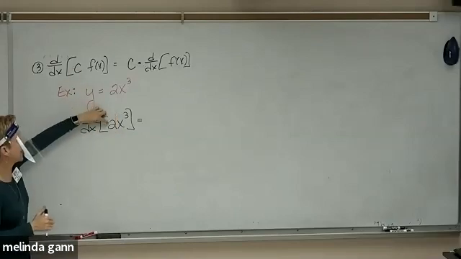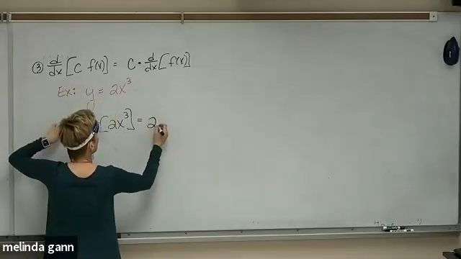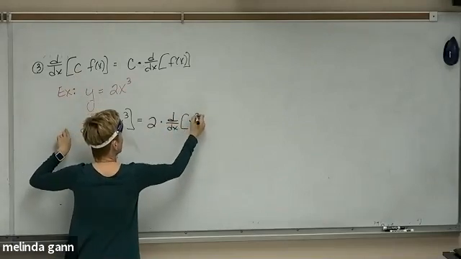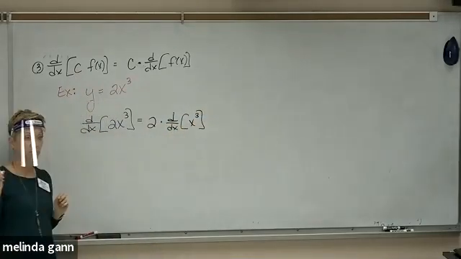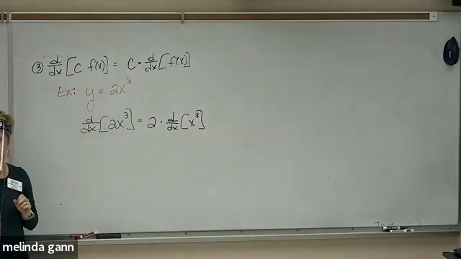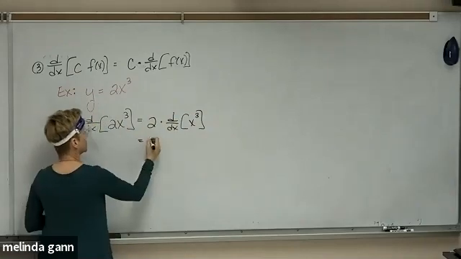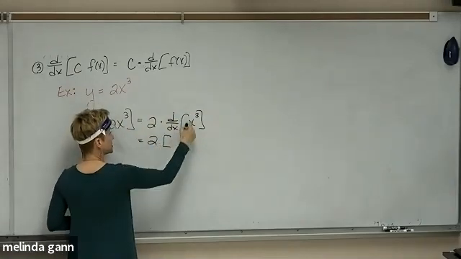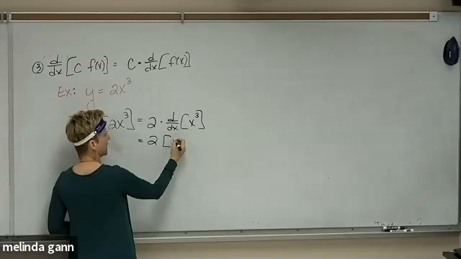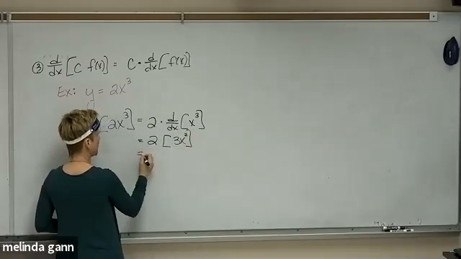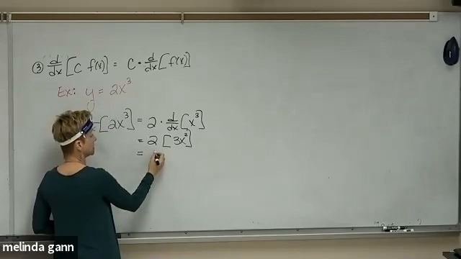So this one says I can take this 2 and do 2 times the derivative of x cubed. Okay, so I can pull the 2 out. So what's the derivative of x cubed, rule number 2? What am I going to get there? 3x squared, which means what's my final answer going to be?